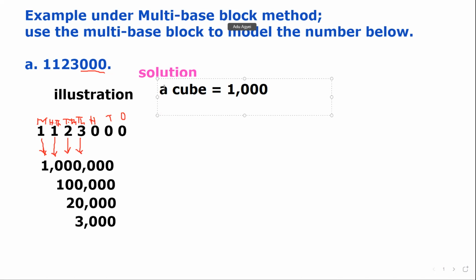Then once a key is equal to 1,000, a rod, or long, will be 10 times a key, and that will be 10,000.